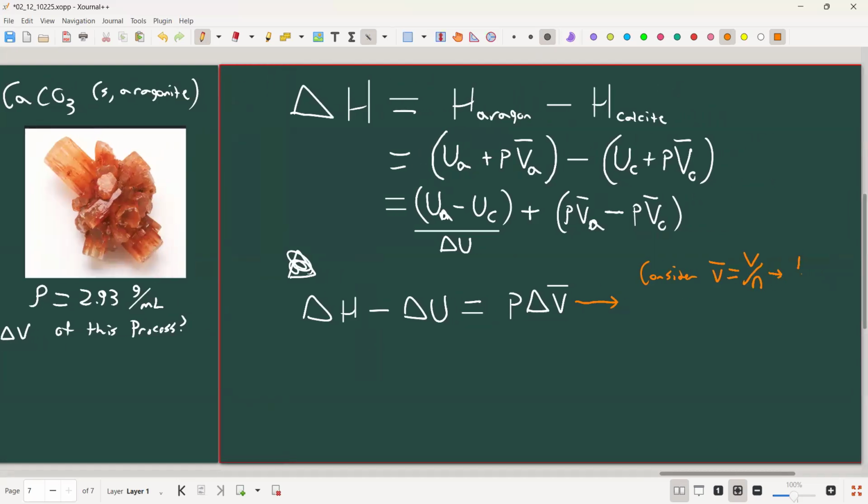If I take 1 over the molar volume, I get the number of moles divided by the volume. That seems like density. Remember, density is mass over volume. So the inverse of the molar volume is like the molar density. It's how many moles you get per unit volume. We can convert this into density very easily by using the molar mass. If we know the number of moles and the molar mass, we can calculate the mass.